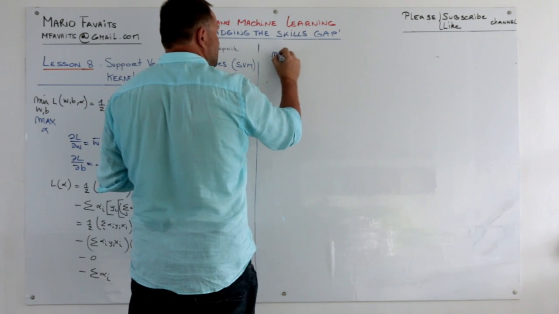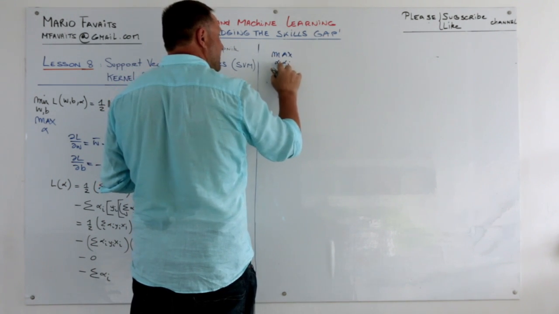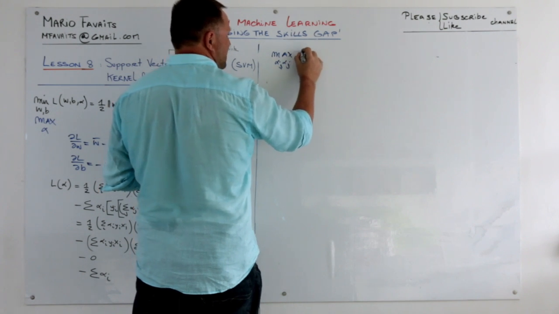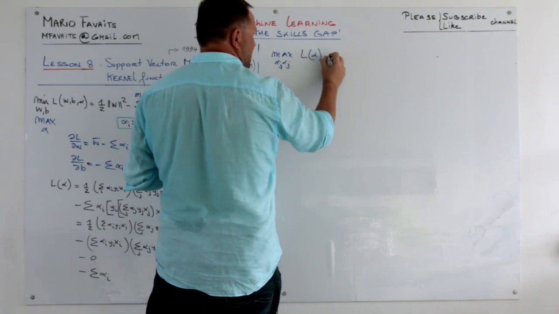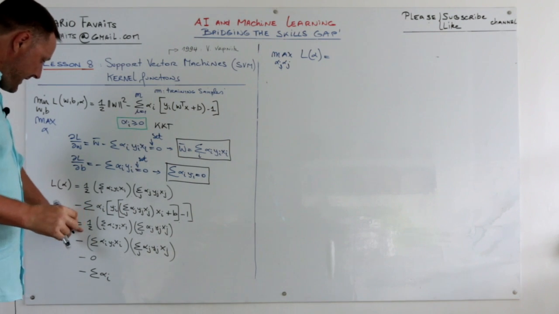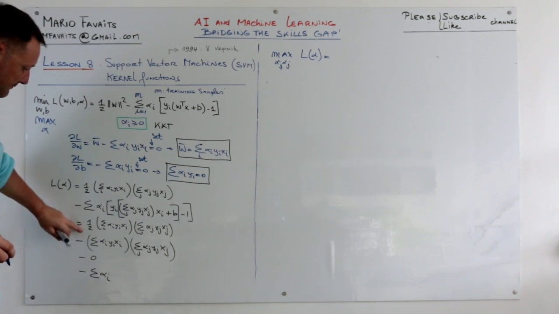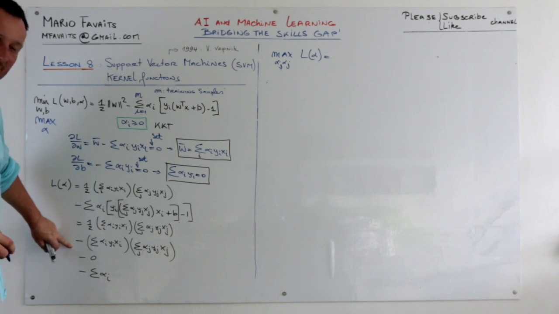So now we're going to maximize over alpha i, alpha j, this expression, which is a Lagrangian only depending on alpha. You see these two are the same here, so half minus 1 is minus half.